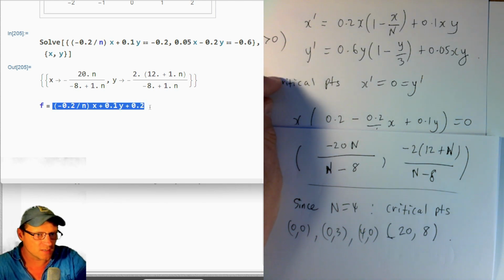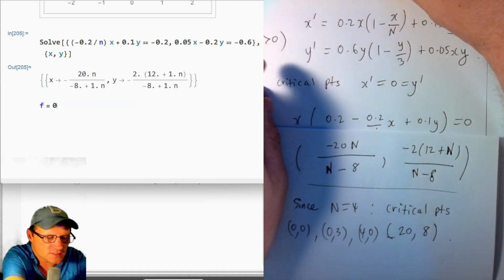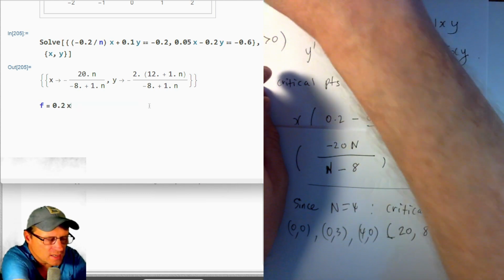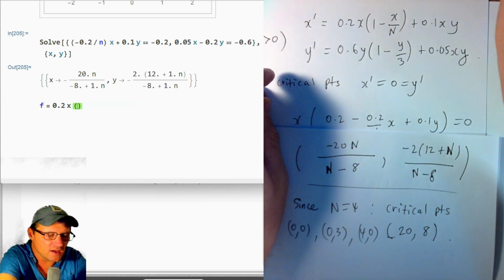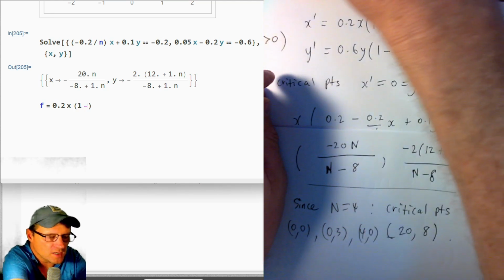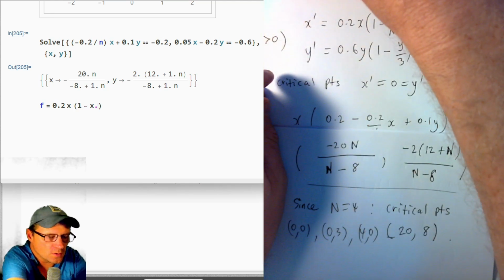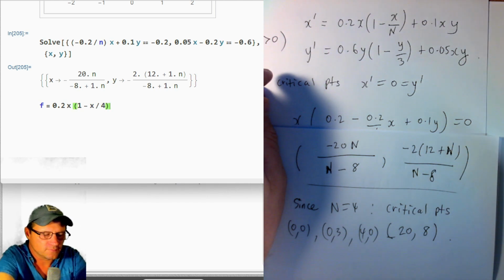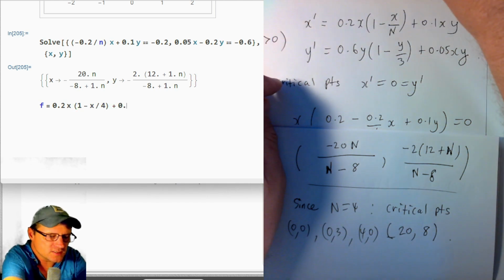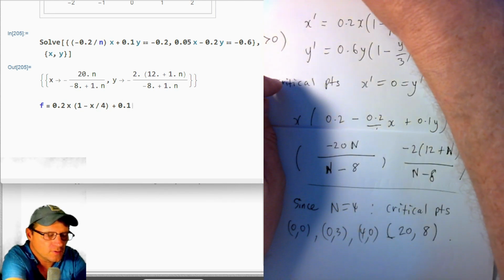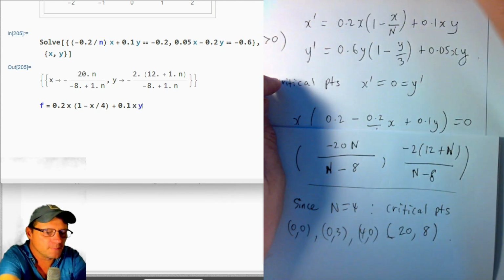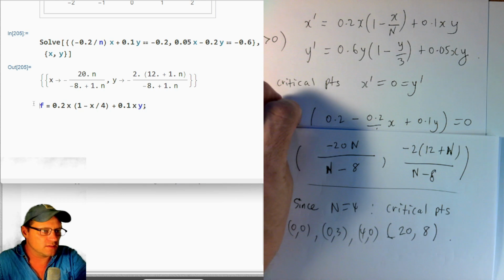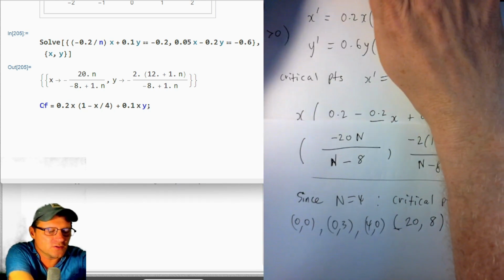No, so I need to retype this. 0.2x, and then we have 1 minus x over 4. Okay, and then plus 0.1 x times y. You can see that I need to clear the x values.